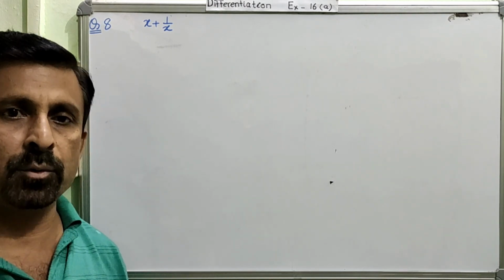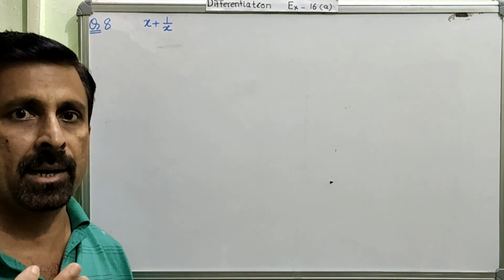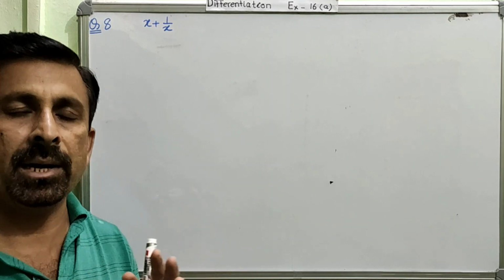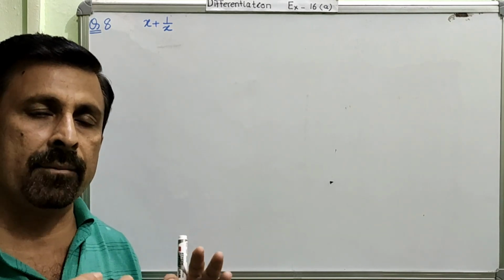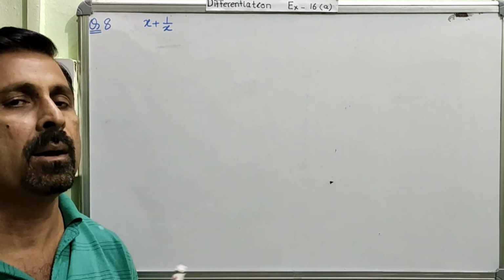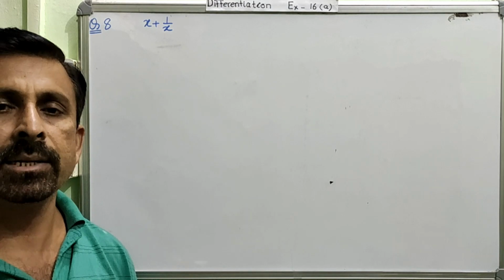But here we have to be good in the simplification part, the application part. That means we should be able to do addition, subtraction, multiplication and division for all types of numbers: whole numbers, natural numbers, radical numbers, fractional numbers.